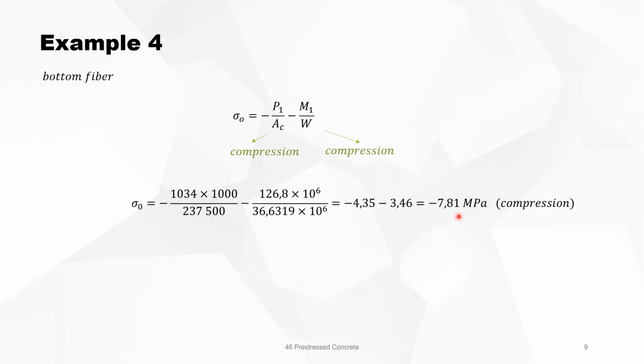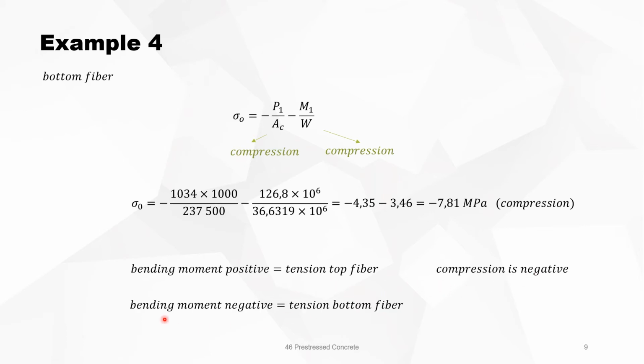So we have 7.81 compression in the bottom fiber. The bending moment is positive. It means tension on the top fiber, and compression is always in negative. So bending moment negative, then there is tension in the bottom fiber. And tension is calculated as positive.